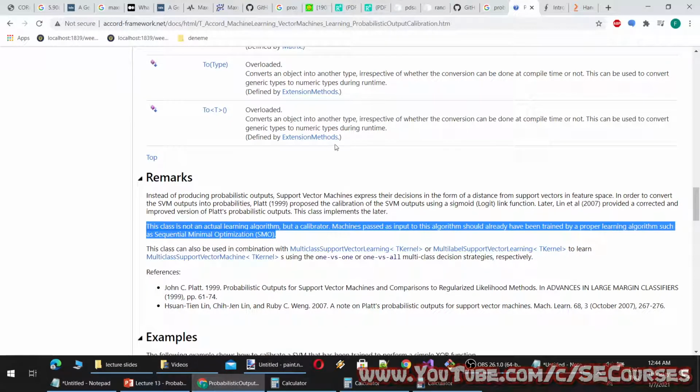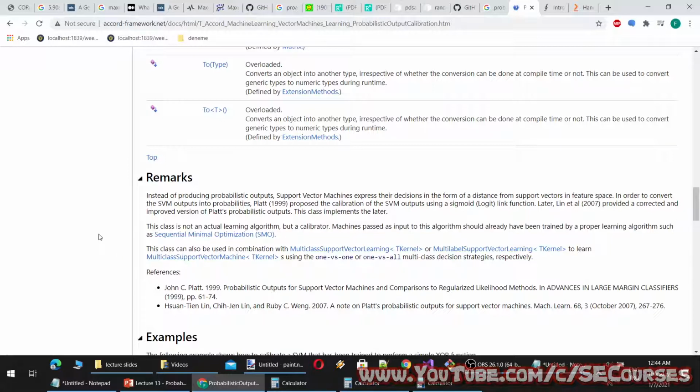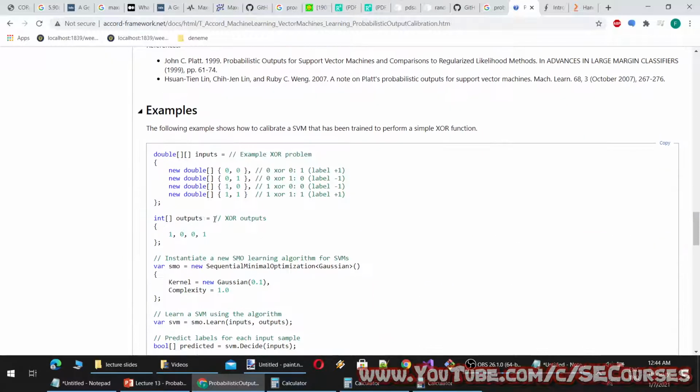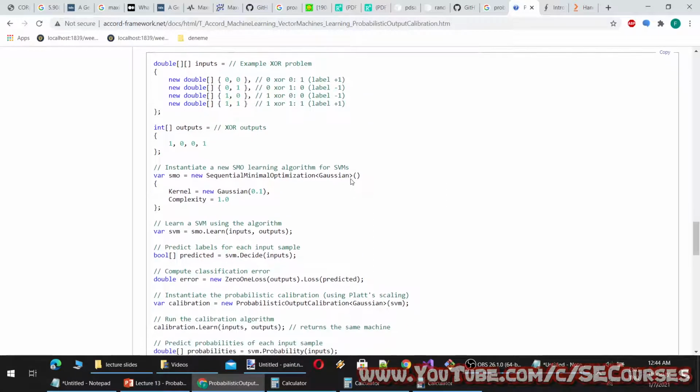This class is not an actual learning algorithm, but a calibrator. Machines passed as input to this algorithm should already have been trained by a proper learning algorithm such as sequential minimal optimization (SMO). The following example shows how to calibrate an SVM that has been trained to perform a simple XOR function.